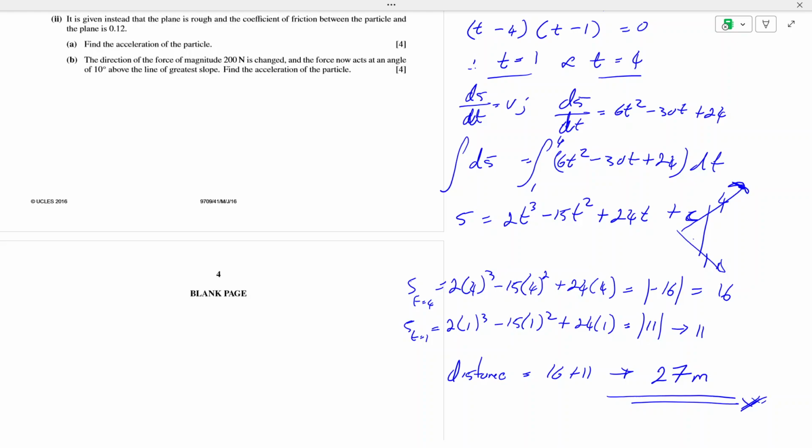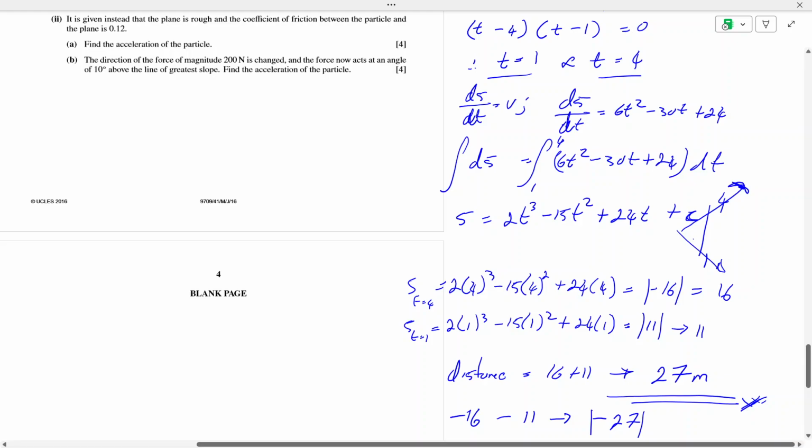So why am I not subtracting the limits as we do in normal integration? Because if we do that, look, we will have negative 16, then we're going to subtract 11, right? And then this is going to give us negative 27, and well, we could get that. What we really want is the magnitude of that, which is just 27, right?